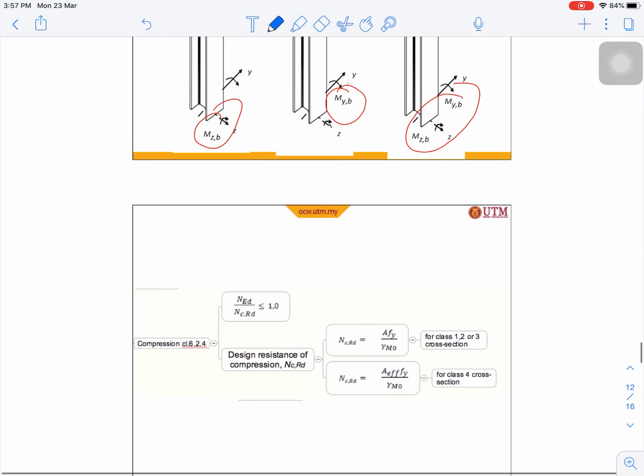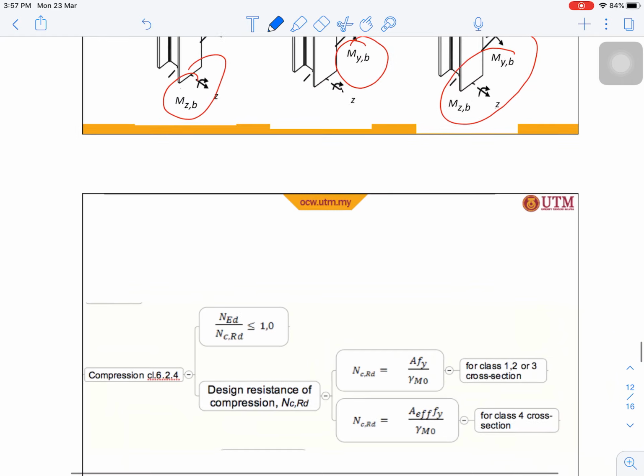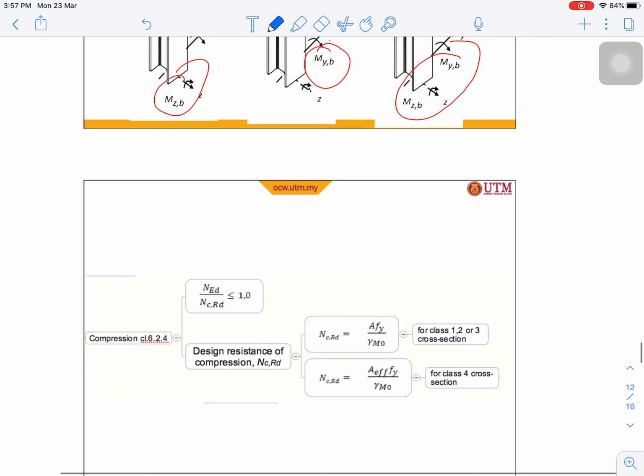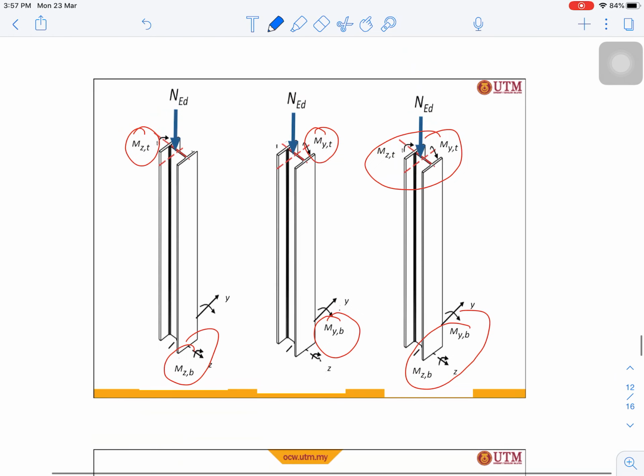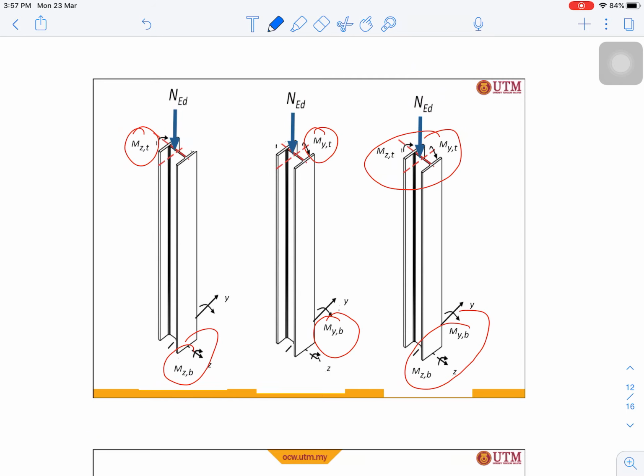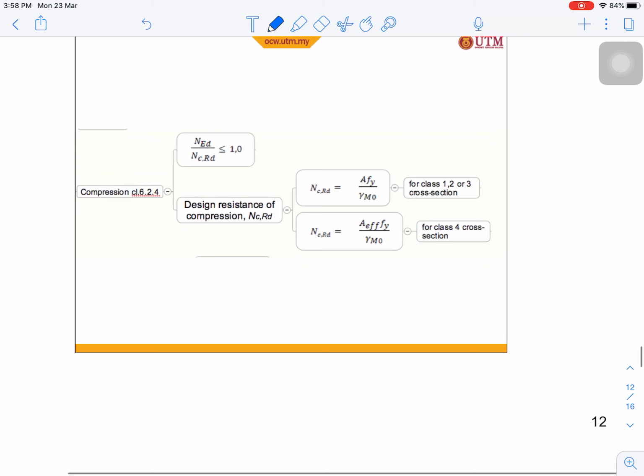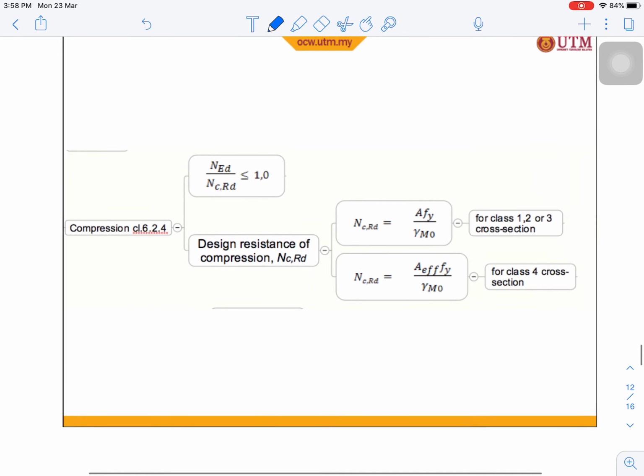Now, the design process is very complicated for columns subject to axial load and bending, and it has to follow this process.